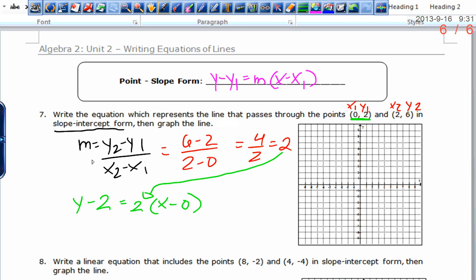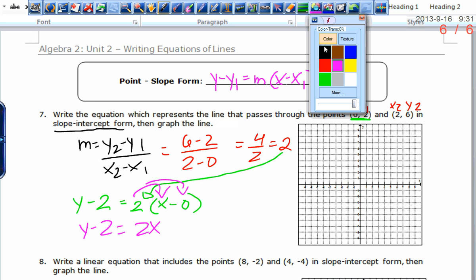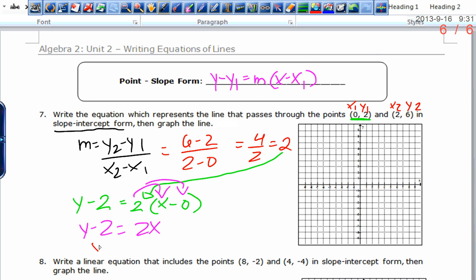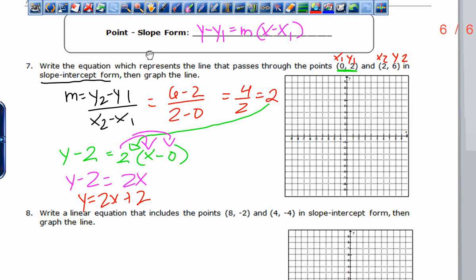So what should I do? Okay, before I do that, can I do something with this 2 here? So I got y minus 2 equals 2x, and then 2 times 0, does that make anything? No. Last step, add 2. Y equals 2x plus 2.